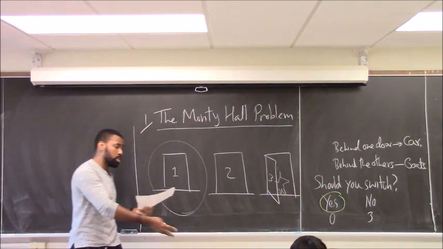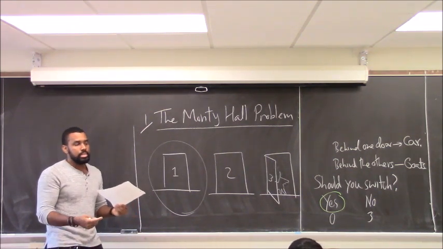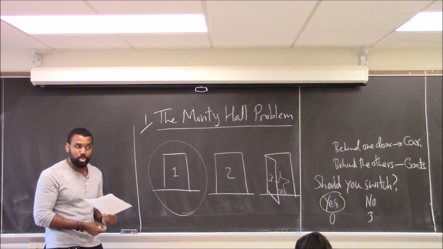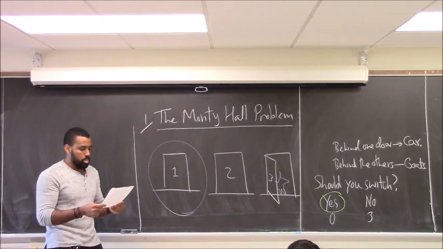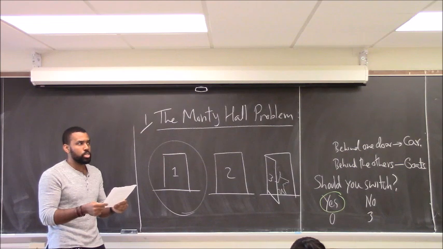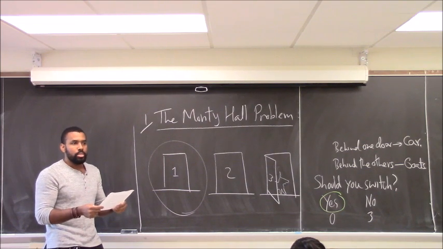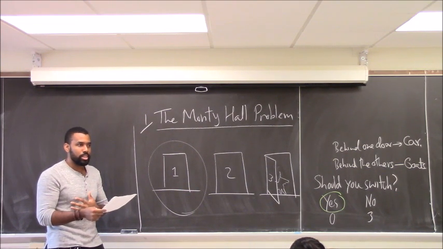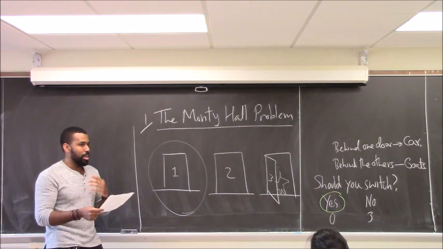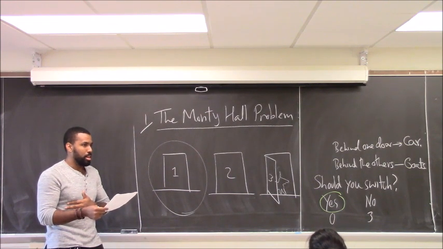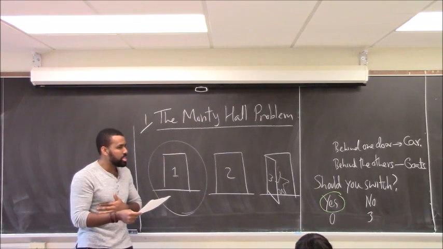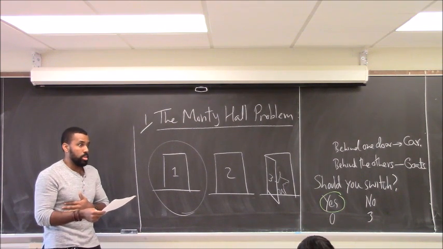So prisoner A comes to the warden and learns that prisoner B is one of the people who's going to die tomorrow. And so prisoner A now feels kind of relieved. He's like, okay, so I'm probably not one of the ones dying tomorrow. Before there was a 1 in 3 chance of me dying, now it's 50-50.